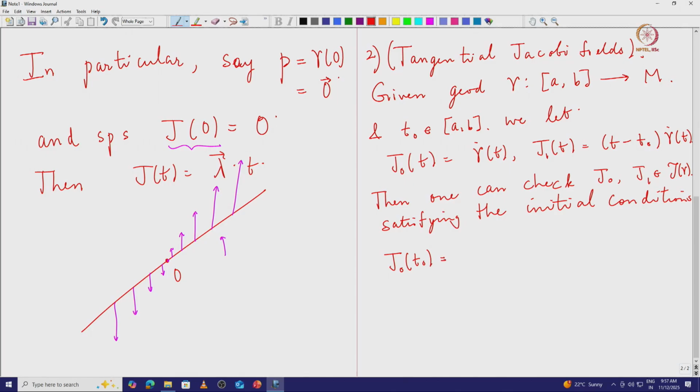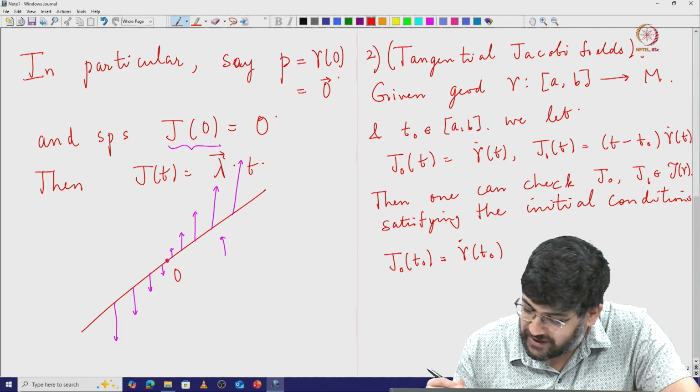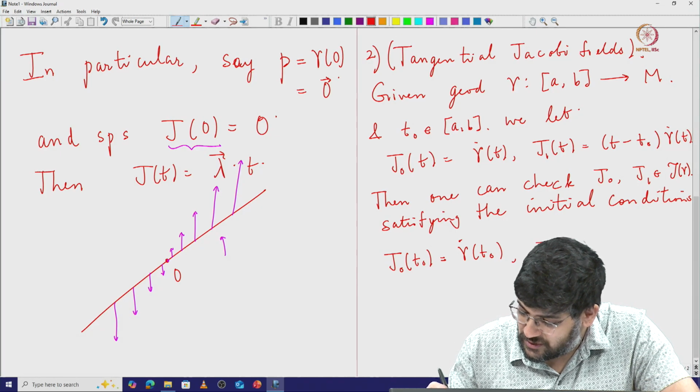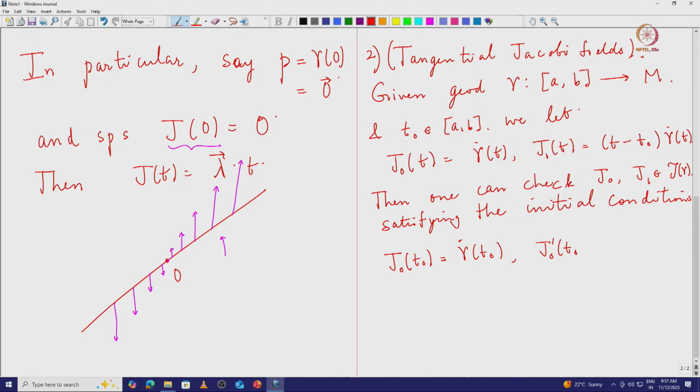Okay, so if you take J naught of t naught, that is obviously the velocity vector at t naught. Also, if you differentiate J naught, then that is 0, because that is the geodesic equation. So J naught prime at t naught will also be 0.